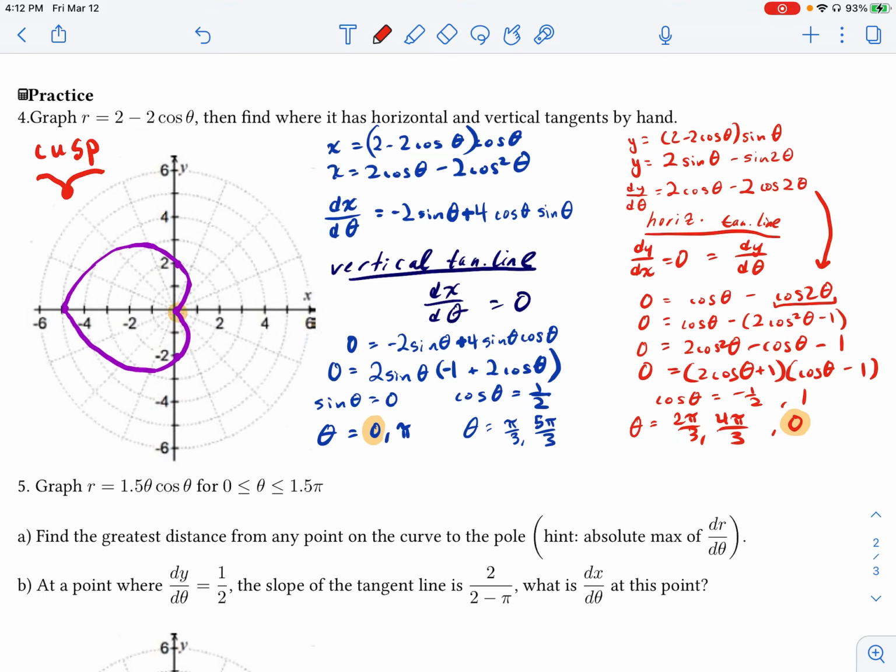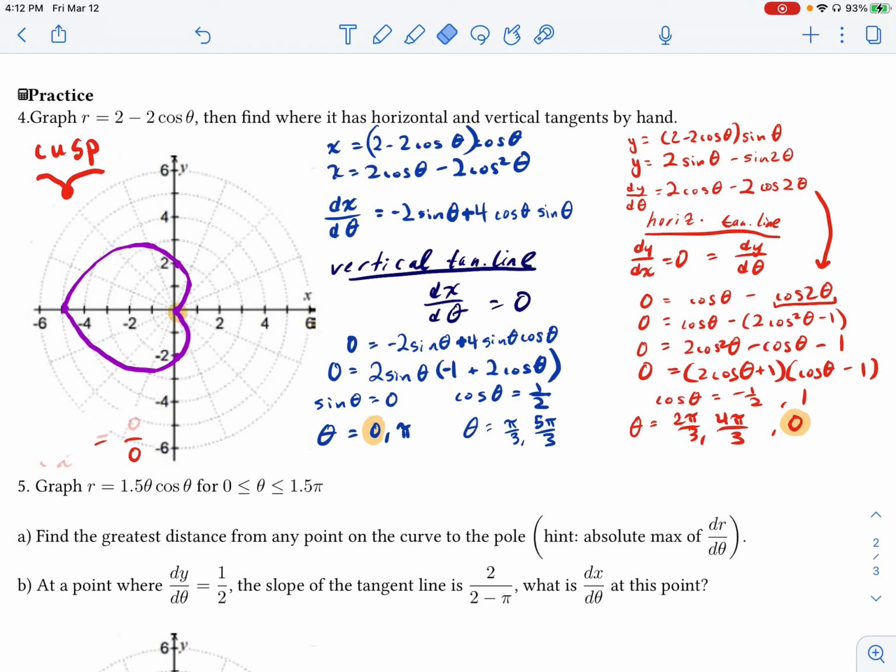Now, for that reason, and the fact that theta is equal to 0 for both, when theta is equal to 0, dx d theta is equal to 0 and dy d theta is equal to 0. So what is happening with dy dx? We have a 0 over 0 situation. That's more of an identifier and signifier to us that this point is not going to be differentiable, right?